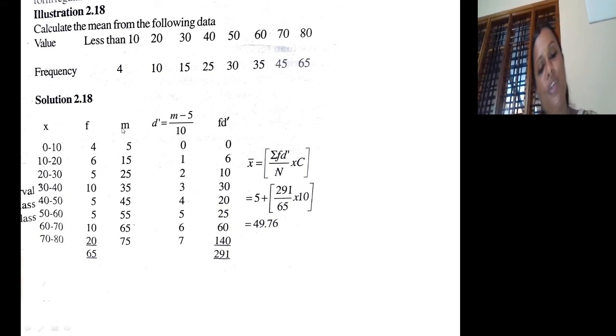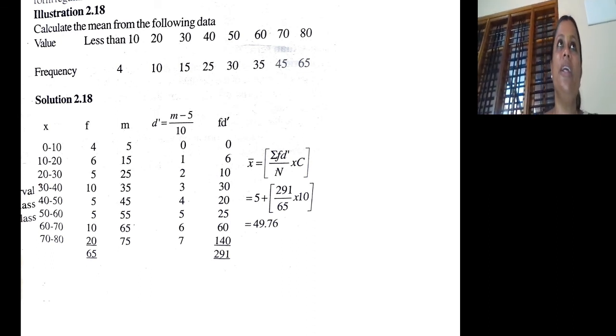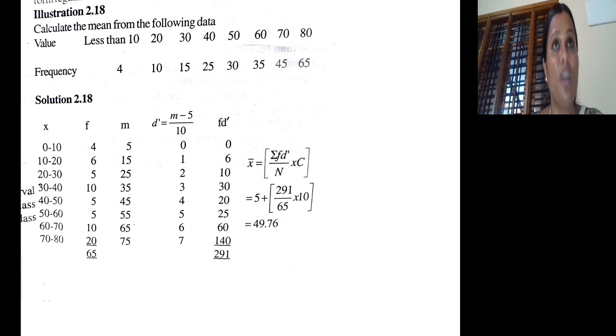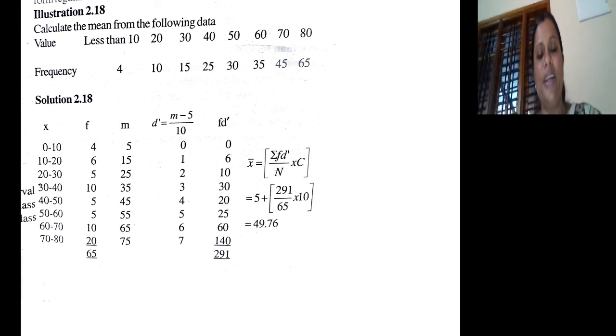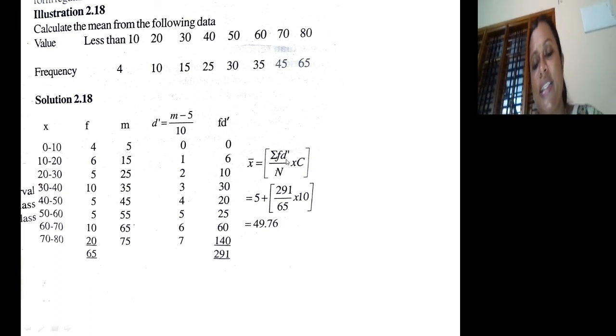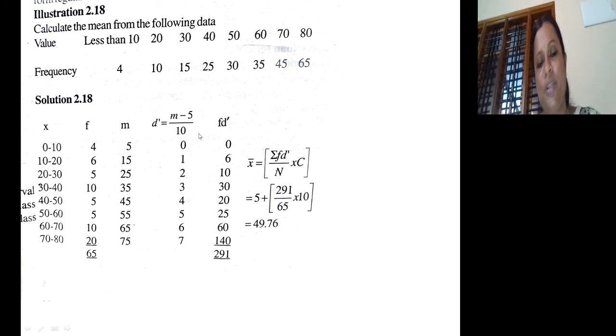Then, as usual, you can apply the simple method, direct method, or step deviation method. Usually we follow the deviation method when class width is not uniform. Here class width is uniform, so either the simple method or the step deviation method can be followed. Here the step deviation method was followed. You know how to solve under step deviation method.